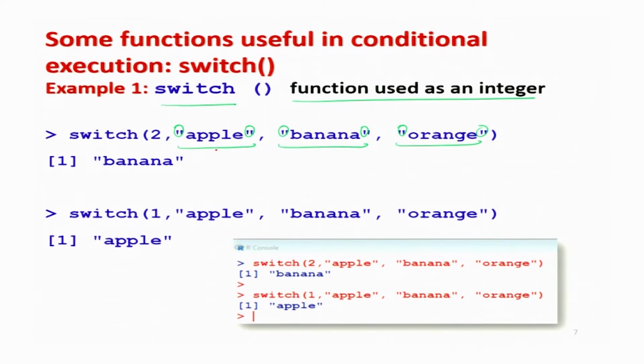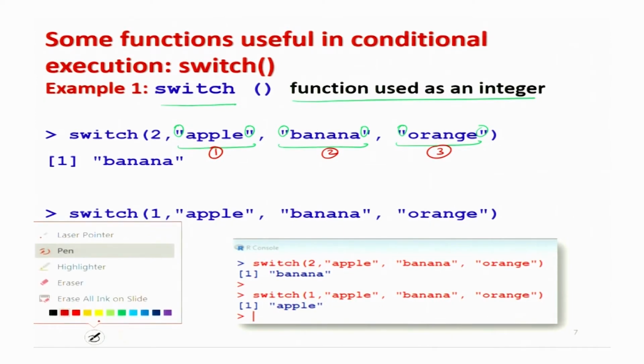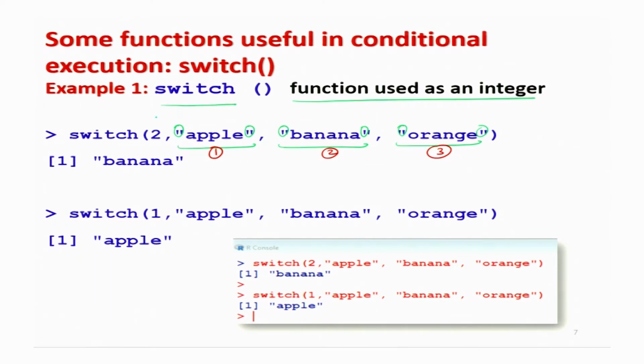So, apple is at position number 1, banana is at position number 2, and orange is at position number 3. Now, in the switch command, you give the expression, your earlier command EXPR, equal to 2. So, you write 2, and you are asking what is there at the second location.